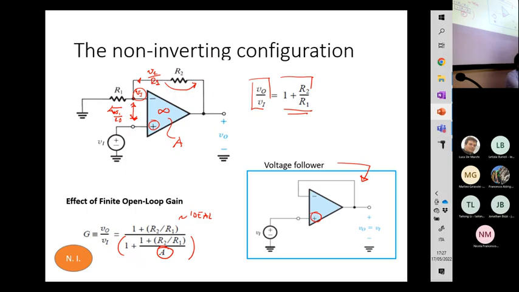So this can be very useful to decouple the effect of one node with respect to another one. So it's a unitary buffer in which we have a very high input impedance and a very low, typically, output impedance.